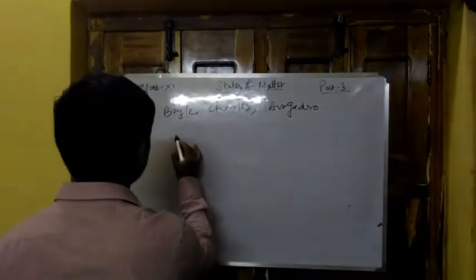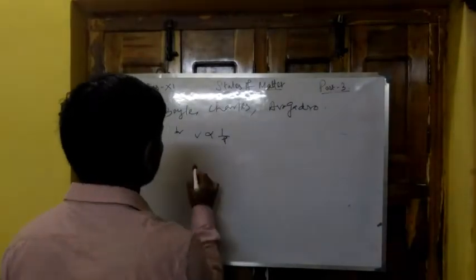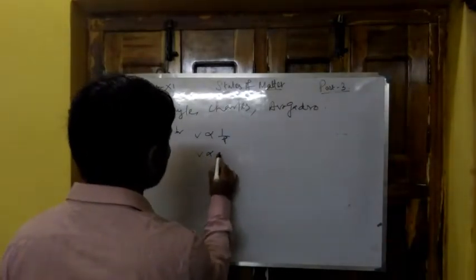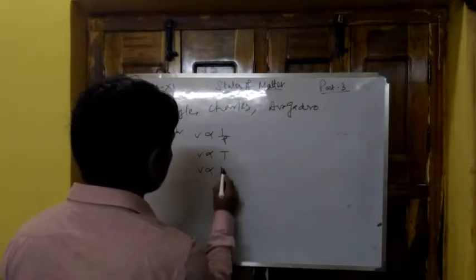So from Boyle's law, V varies as 1 by P. From Charles' law, V varies as T. And from Avogadro's law, V varies as n.